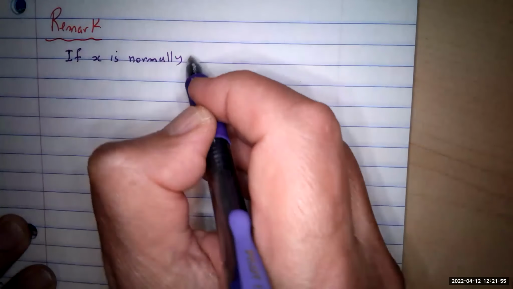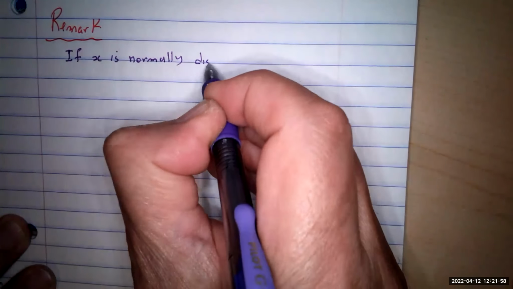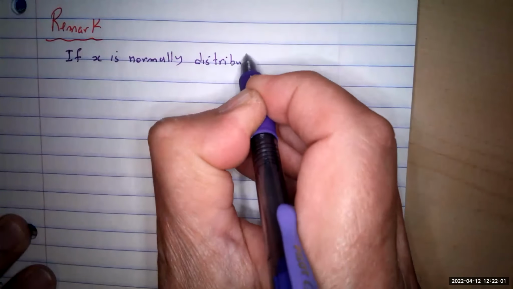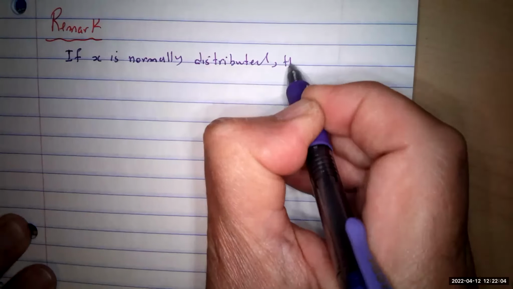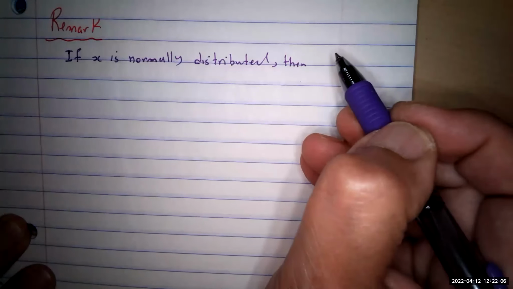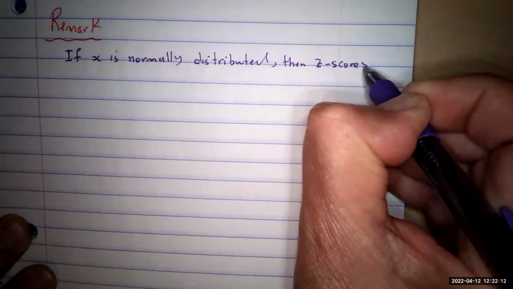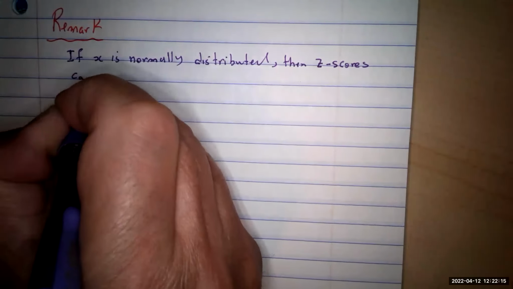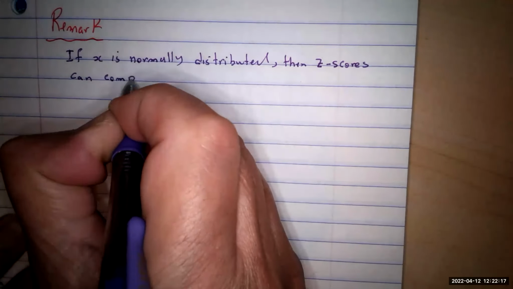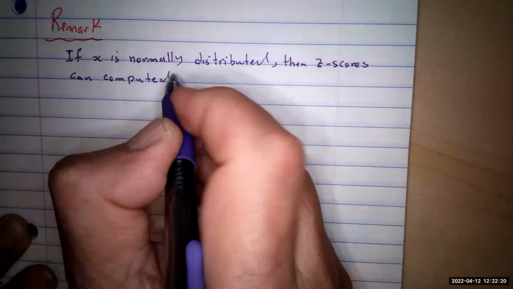The remark is: if the original variable X is normally distributed, then remember, in order to do the problem, you need a z-score. Then z-scores can be computed using this formula.